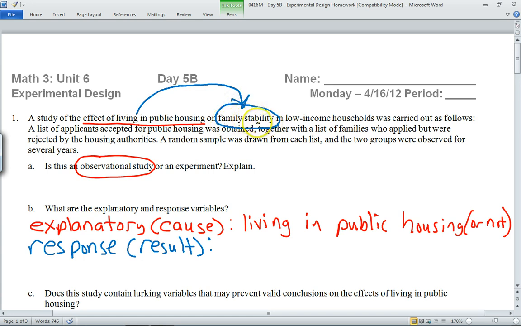So family stability is the result that we're looking at. I'm not sure exactly how they're measuring family stability, but the point is they're examining the connection between living in public housing or not and your family being stable or not. So living in public housing or not is the cause. Your family being stable or not is the result. At least that's what they're trying to test. So the response variable is, I'm just going to put family stability.